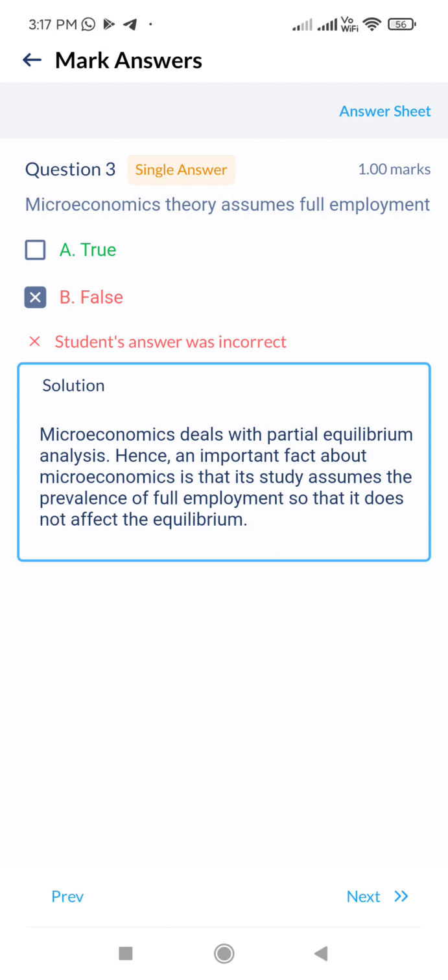Now, third question. Microeconomics theory assumes full employment. Is it true or false? Okay, and the student's answer is incorrect. The correct answer is that microeconomics deals with the partial equilibrium. Sorry, I read it wrongly. It is microeconomics, not macro. So: microeconomics theory assumes full employment.